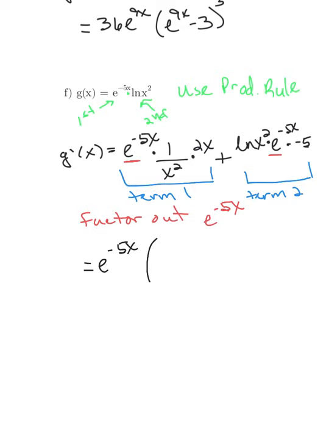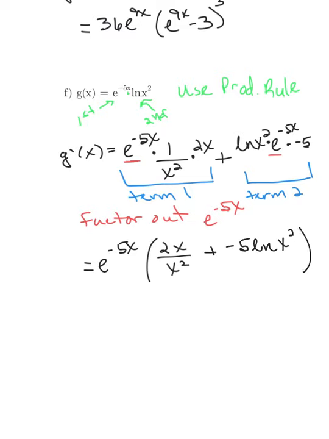What's going to be left inside will be 2x over x squared after taking the e to the negative 5x out of term 1, taking that same item out of term 2 will leave us with negative 5 natural log of x squared.